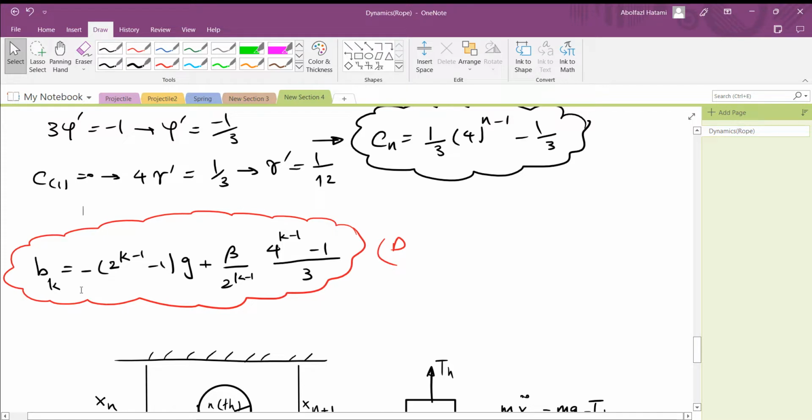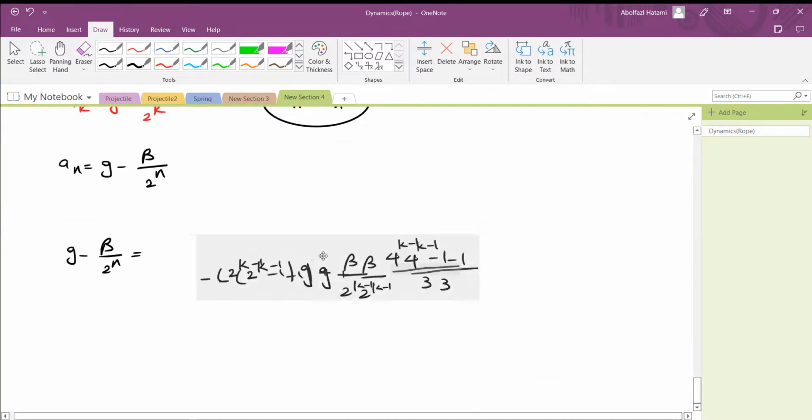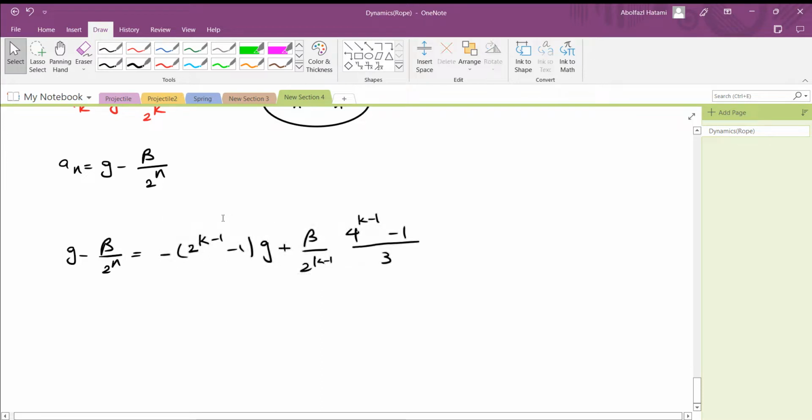Let me copy this and paste it here, and just substitute k with n, the number of pulleys, to n minus 1, 4 times n minus 1.